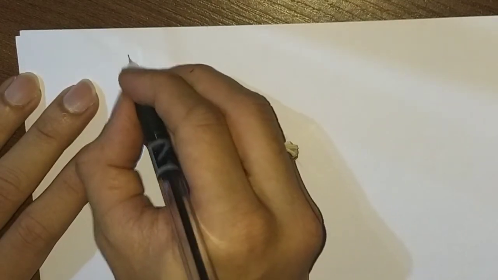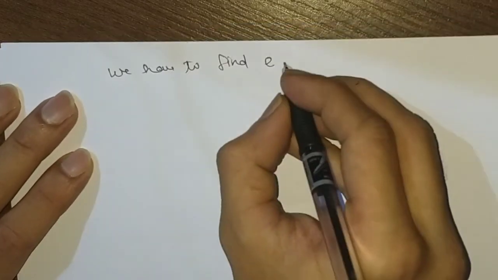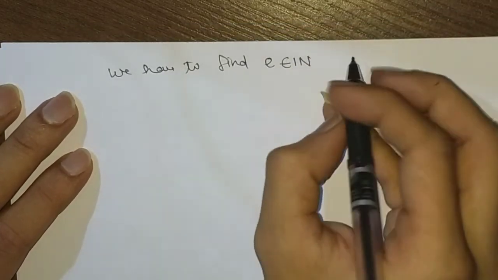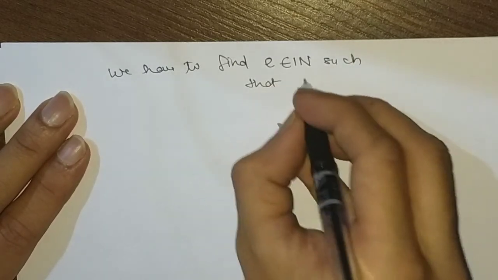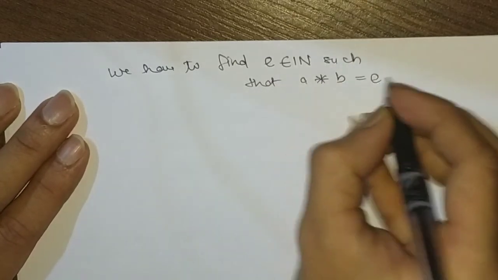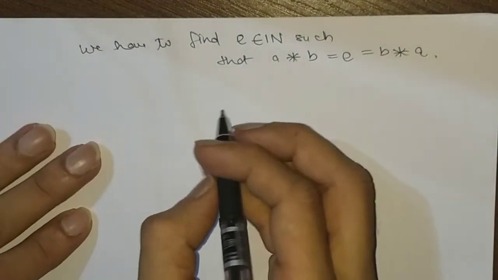If you want to find the identity, we have to find E belonging to the set, that is the natural numbers, such that A star B is equal to E, which is equal to B star A. So this is what we have to check.